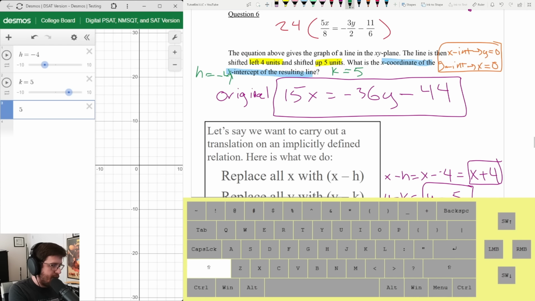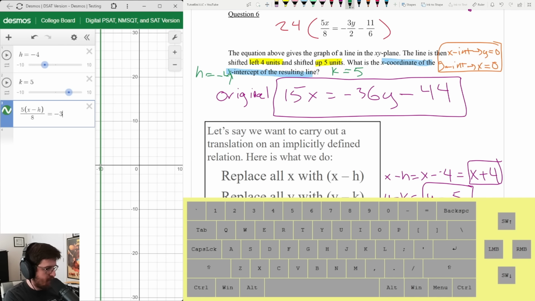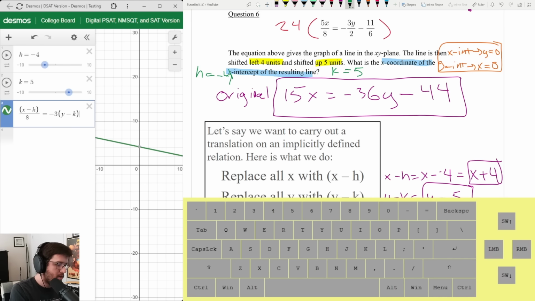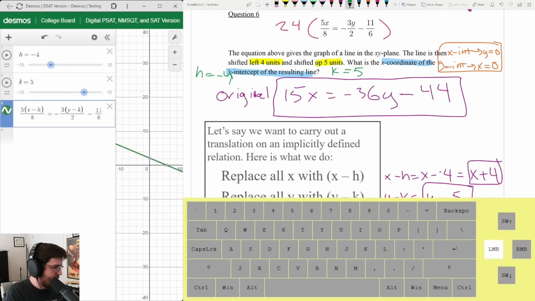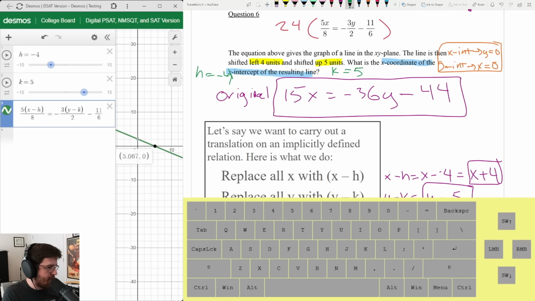So 5 times x minus h over 8 equals -3, because if I don't have to do the math, I don't care that there's fractions, right? If I'm going to use Desmos, -3 times y minus k over 2 minus 11 over 6. Okay, so it should look something like this. And I'm looking for the x-coordinate of the x-intercept, so I'm going to click on the x-intercept.